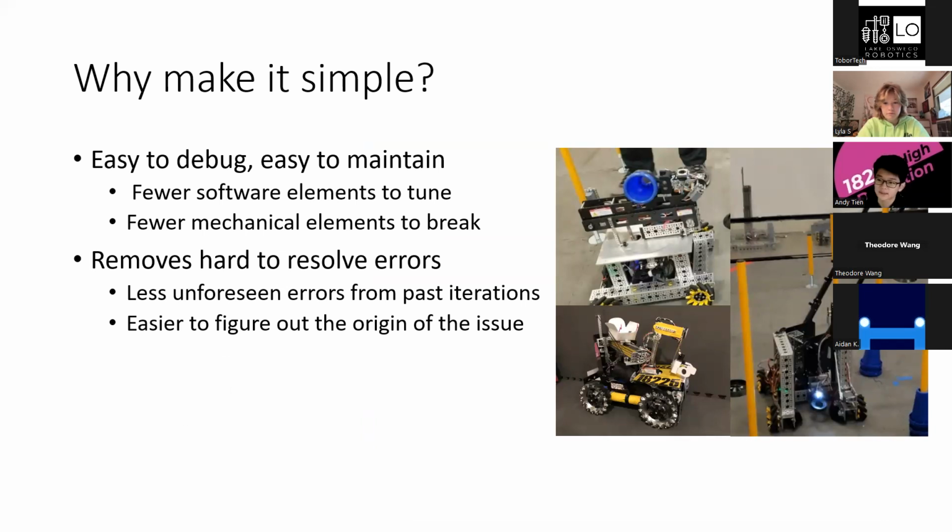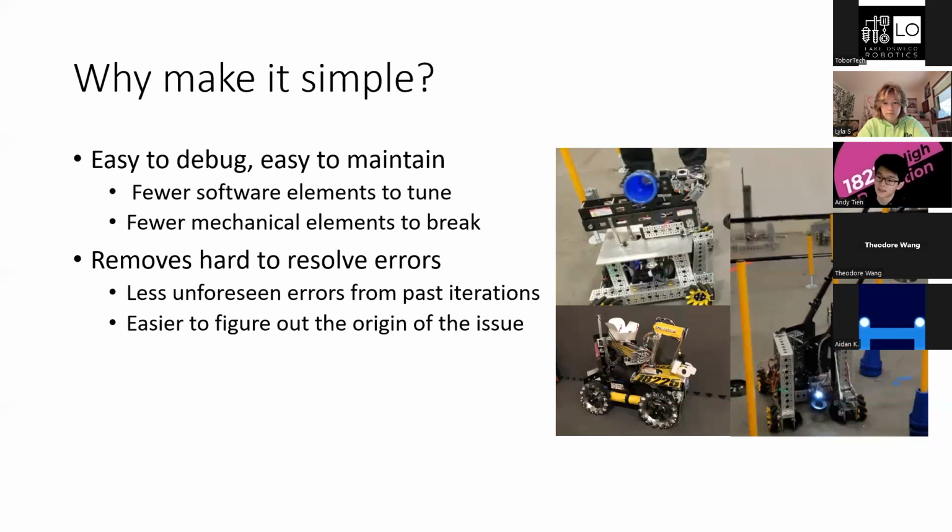So why make it simple? Simplicity allows both your hardware and software team to quickly troubleshoot. Whenever you have issues with your design, or whenever you've experienced issues through testing, keeping things simple makes it very easy to find the source of these errors.